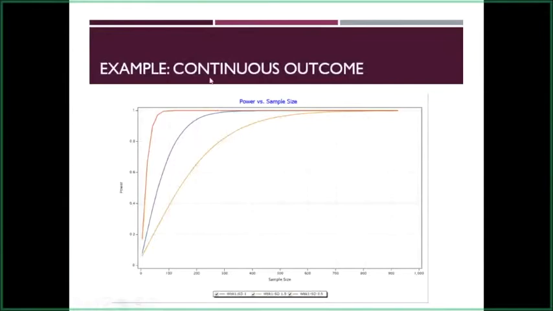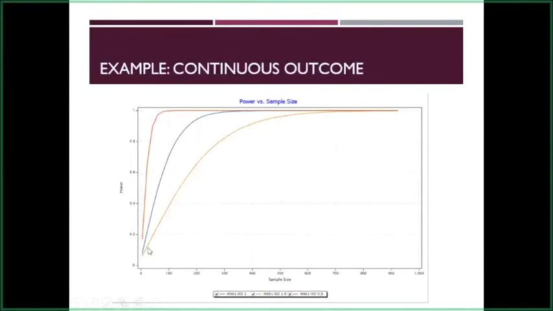So what we have here, and it's perhaps a little bit hard to see, the red curve is represented by a standard deviation of 0.5. That means a standardized effect size of 1. And you can see that we can achieve 80% power with very few subjects, fewer than 50 subjects, it looks like, right?